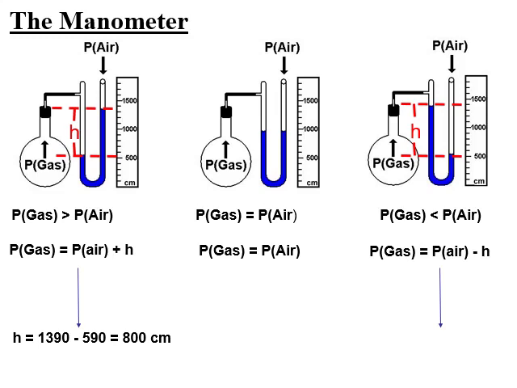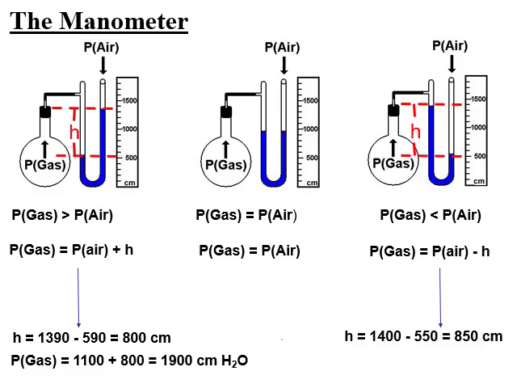It's a little difficult to tell in these pictures, but if I subtracted those, that's 800 centimeters of water difference in pressure. So if I had a starting air pressure of 1,100 centimeters of water, and I add that 800 difference, that makes 1,900 centimeters of water.